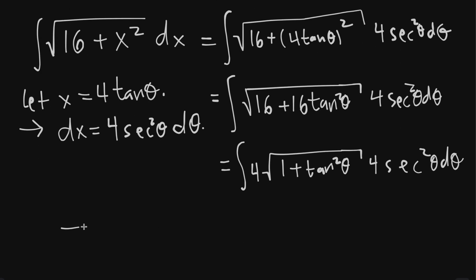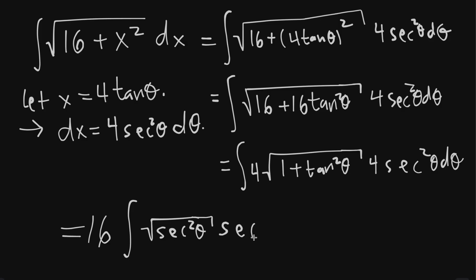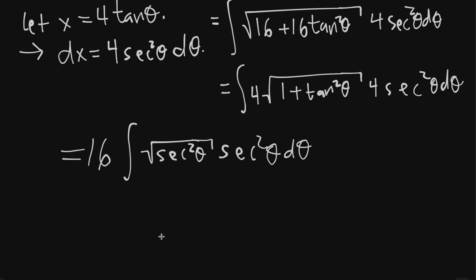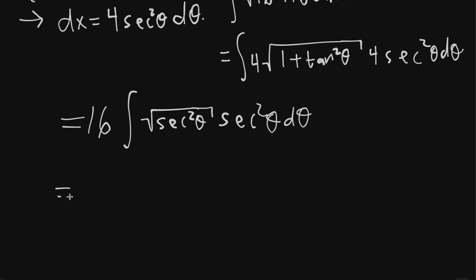So let's bring this 4 times 4 out, make it 16. And then inside the square root we get secant squared. And then outside we still have that other secant squared. If we take the square root of the secant squared, we get secant, and then secant times secant squared will be secant cubed.